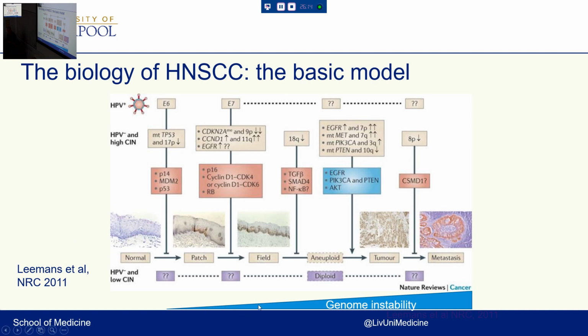On the background of this is increasing genomic instability. And so you then get an increase in the abnormalities as these cells with abnormal DNA are allowed to continue to divide and to copy their altered DNA into their progeny. There are abnormalities in TGF-beta signaling at this point and other signaling pathways, including the SMAD and NF-kappa B, which extend through other signaling pathways by the time you get to invasive tumour.